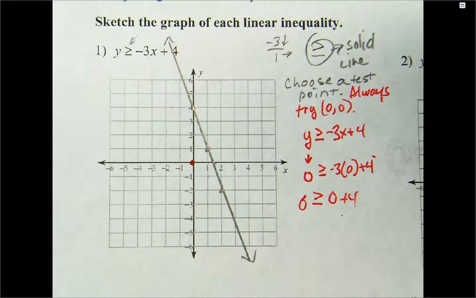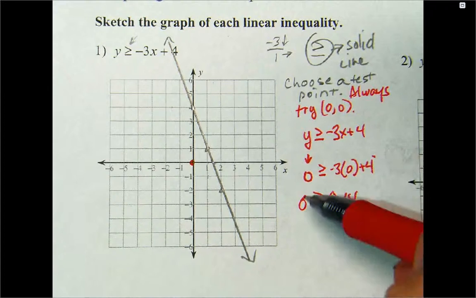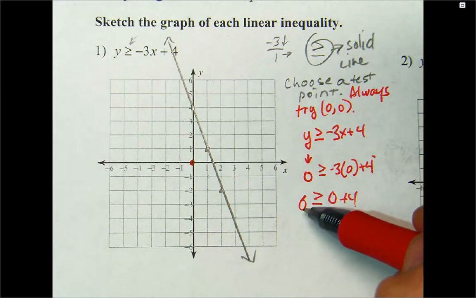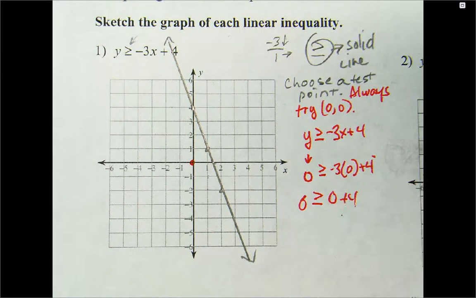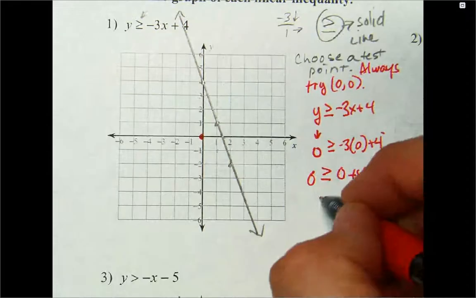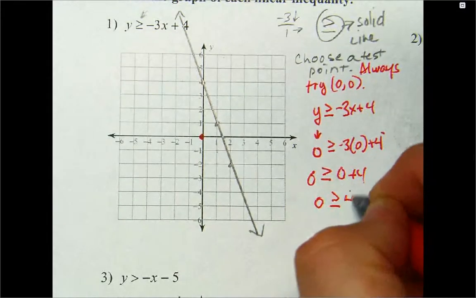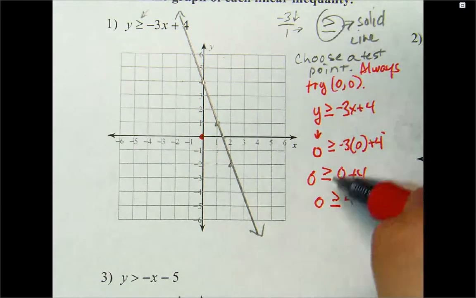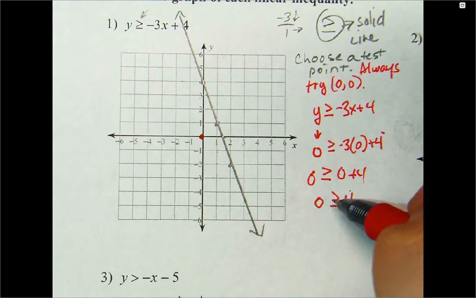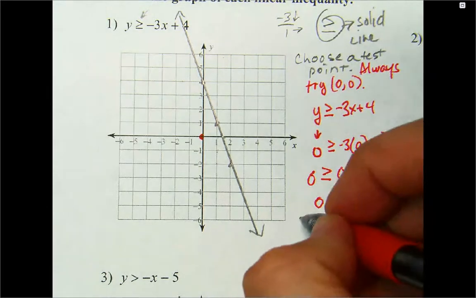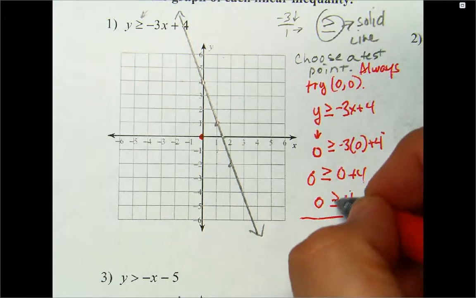So this is why we do it, because now we have 0 on one side, 0 on the other side. What's 0 plus 4? 4. So with this test point, we got to a point now where it says 0 is greater than or equal to 4.